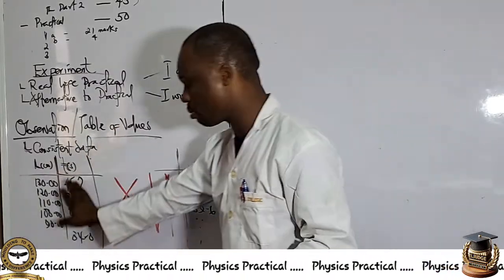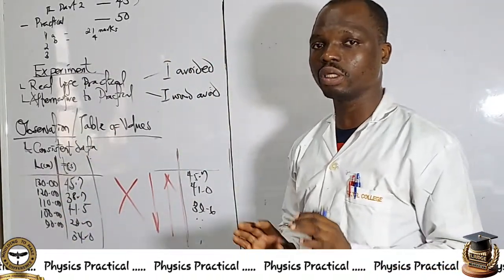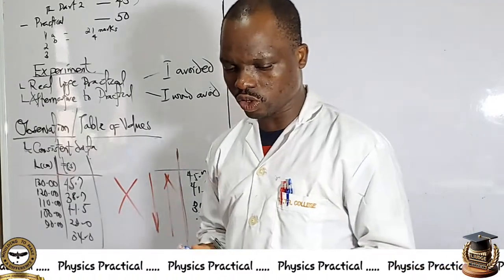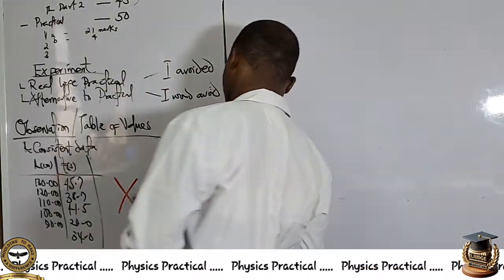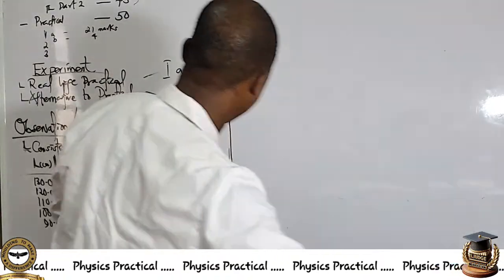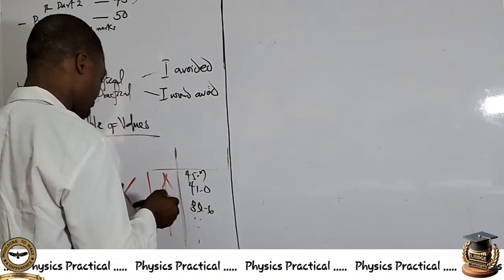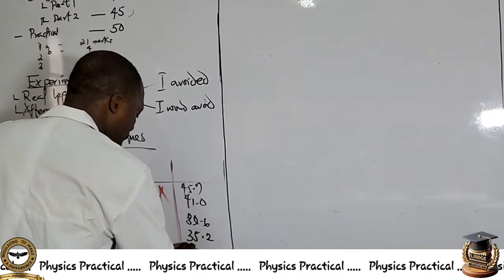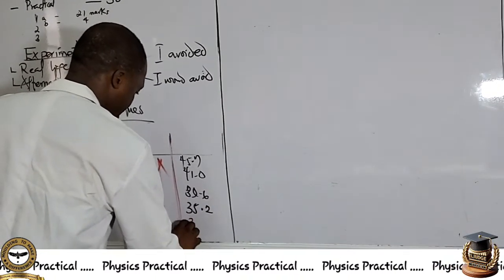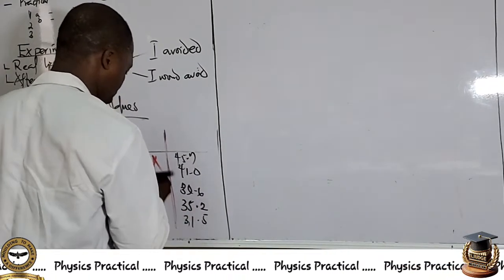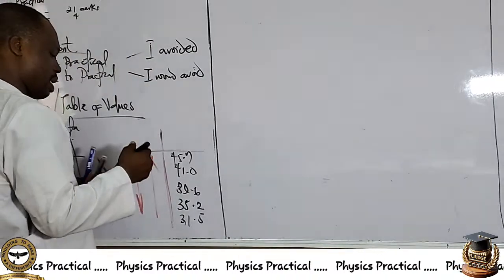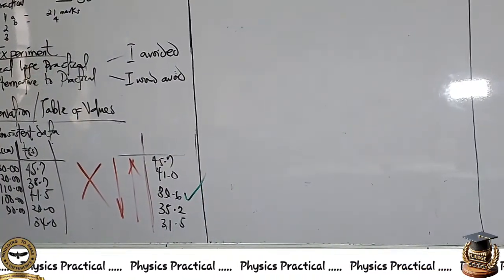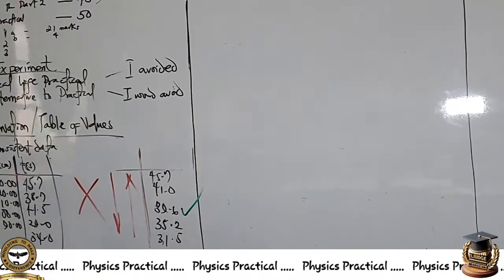Another thing you need to look at, so for this one I will give it a plus. Let's say I continue writing 35.2, then 31.5. For this one, the mark will be given to the person, so the person has the mark for that table.